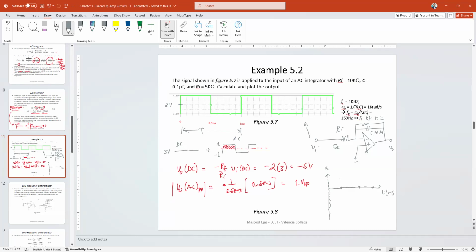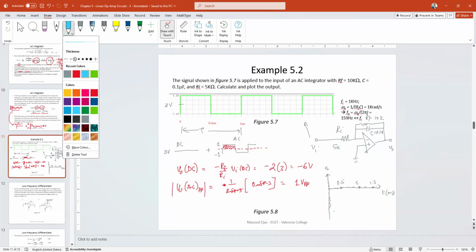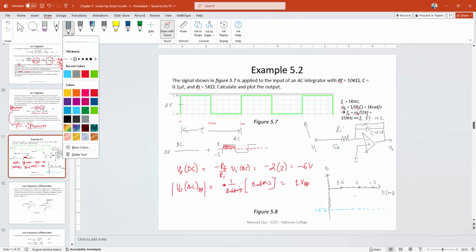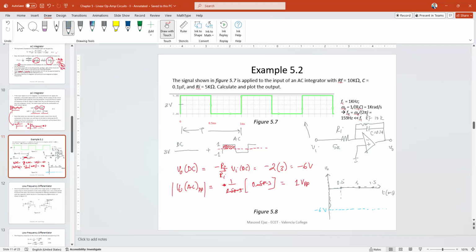Assume time scale is in millisecond. So 0.5, 1 millisecond, 1.5. Now I have the DC component at negative 6. Let's say this is negative 6. So this is negative 6 volt. And then I have, let me draw a line.